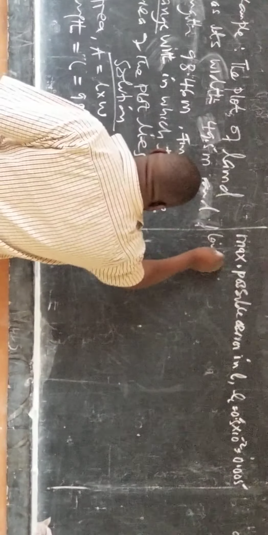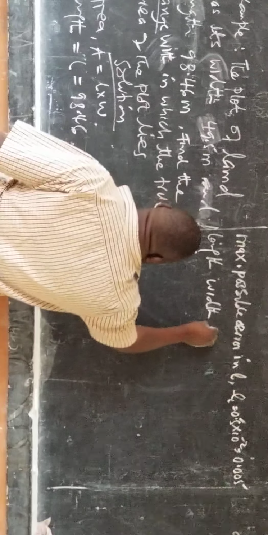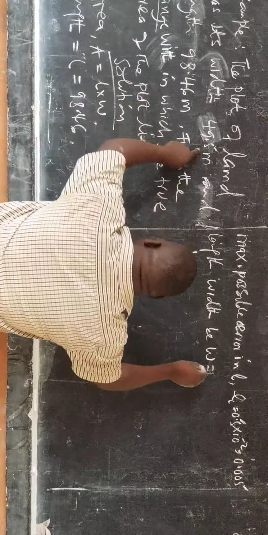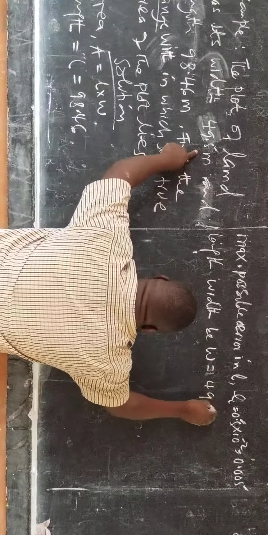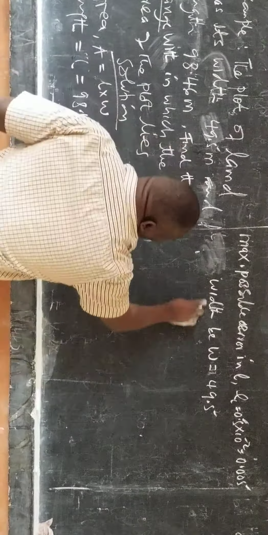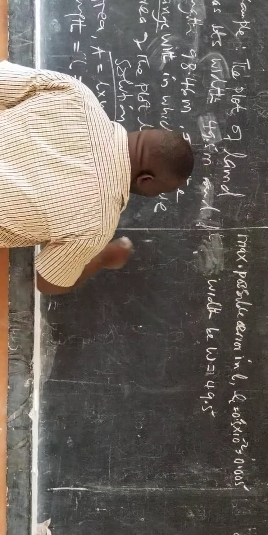Then we let also the width be W, and this W was given as 49.5 meters.